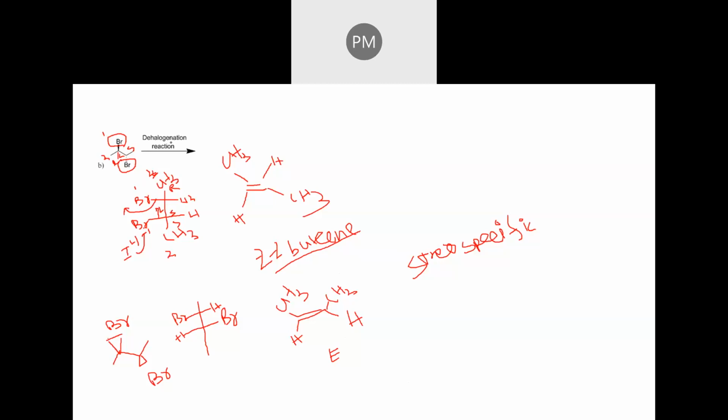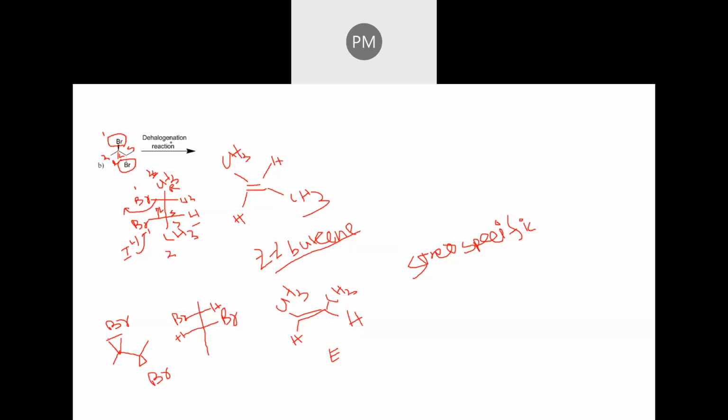So this will be one, this will be two, this will be three, 1, 2, 3. These are clockwise and the fourth priority is horizontal. So yes, we have drawn this one right. Now any electrophile will attack, and the hydrogens will be in the opposite plane.